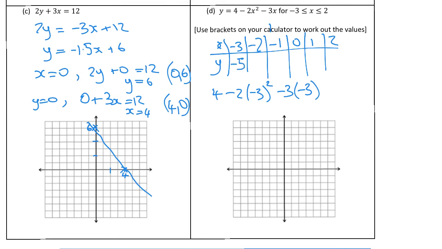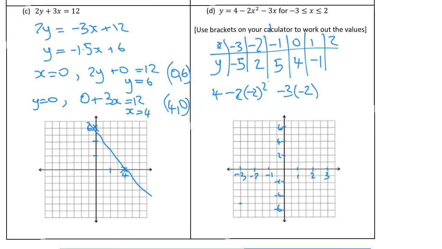Then we would replace the minus 3 with minus 2, put that into your calculator, and we get 2. Then doing the same for minus 1, 0, 1, and 2, we get values of 5, 4, minus 1, and so we can put these on our set of axes.